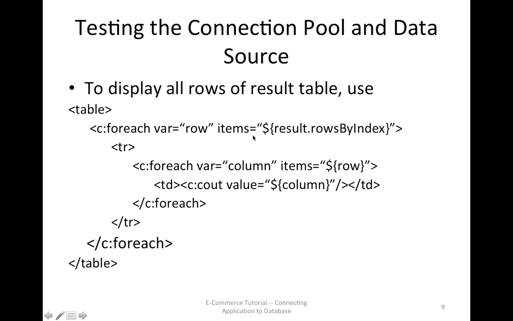For every element in this list, we assign a name called row. So row is a variable pointing to an element in this list. The element in this list is a row. Then for every element in this row, which is a column, we print out the column's value. So this code will display all rows of the result table.